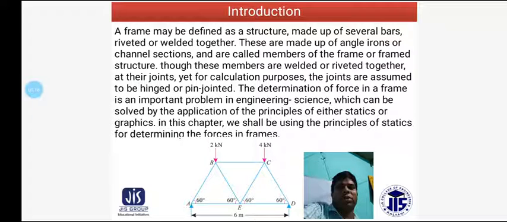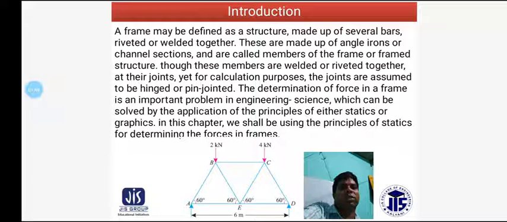Now in the introduction part, a frame may be defined as a structure made up of several bars riveted or welded together. These are made of angle irons or channel sections and are called members of the frame or frame structure. Though these members are welded or riveted together at their joints, yet for calculation purposes the joints are assumed to be hinged or pin jointed.